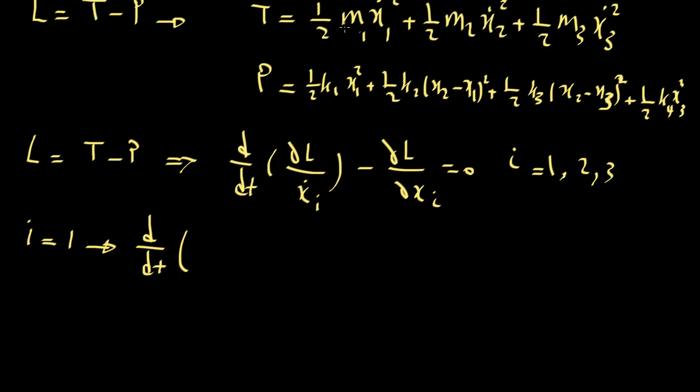So this would be basically the derivative of T with respect to x1 dot. So this would be m1 x1 dot, minus the derivative of the Lagrangian with respect to x1. Again, the kinetic energy here doesn't have any x1 term. The potential energy does.